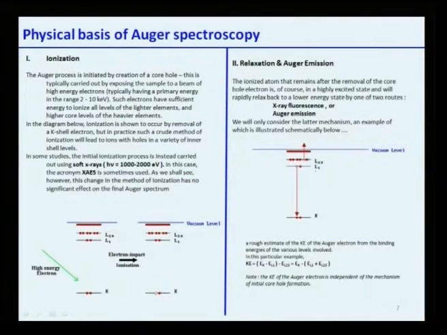So after knowing this, now let us talk about the physical basis of Auger spectroscopy. What is the physical basis of this particular technique? Well, I talked about XPS, so let me just bring in the XPS concept. In XPS we have an X-ray source, which is a high energy X-ray source. It is allowed to fall on a sample, and these high energy X-rays interact with the core electrons of the atom and eject them, leaving behind a hole.